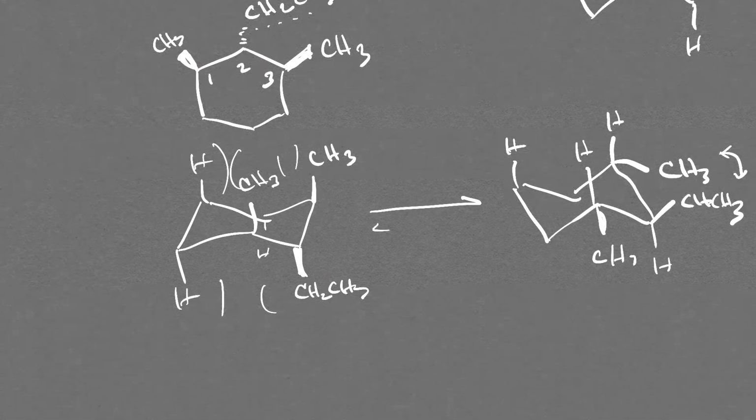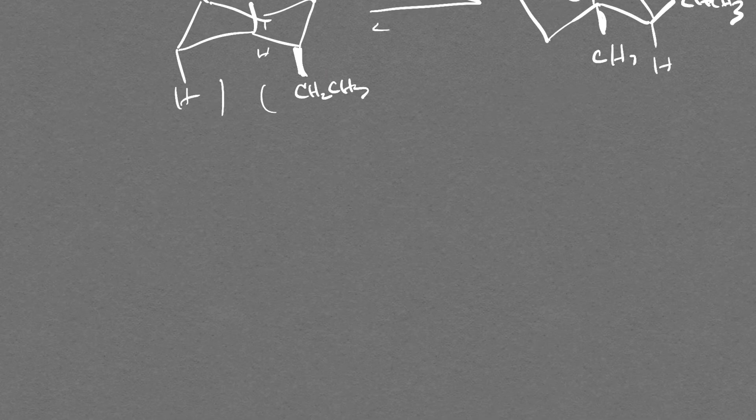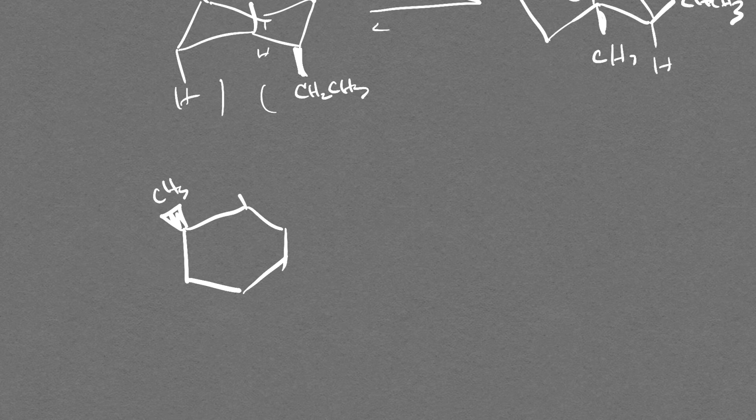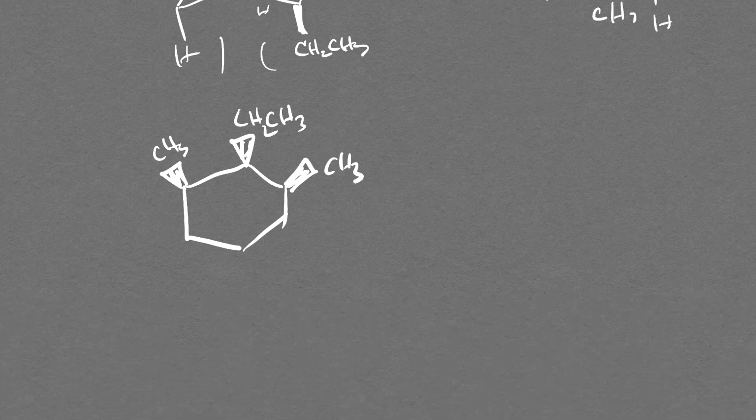Now let's consider, so last example, what would happen if we drew this so that you had CH3, CH, CH3, so the ethyl there, and the CH3 here, right? So this becomes a little bit stickier because now they're all cis to each other.